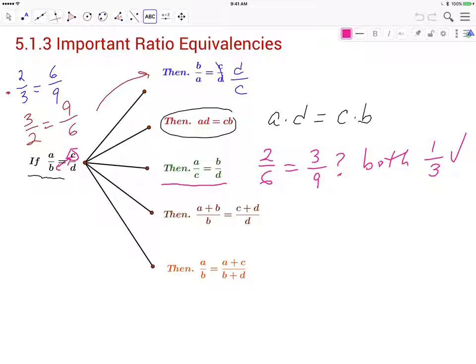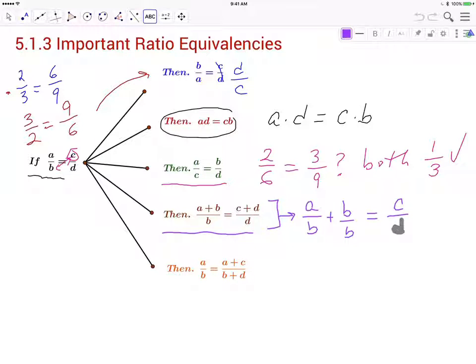This last one, these last two, if I take a look at these, then A plus B over B is equal to C plus D over D. The one way that I like to think about this one is, remember that if I unclip these, I actually have A over B plus B over B, because the rules of fractions mean that I carry the denominator along.